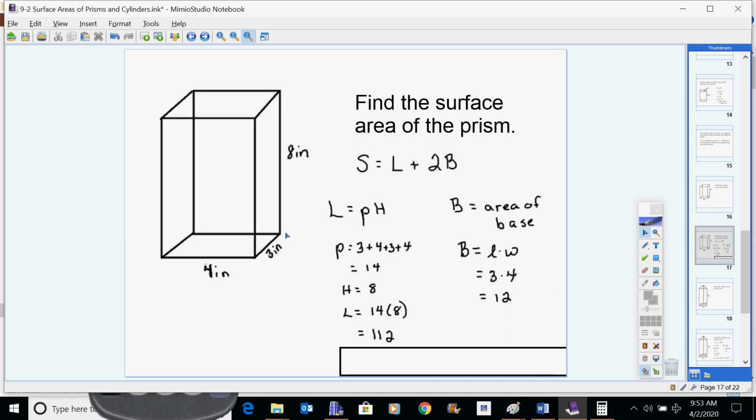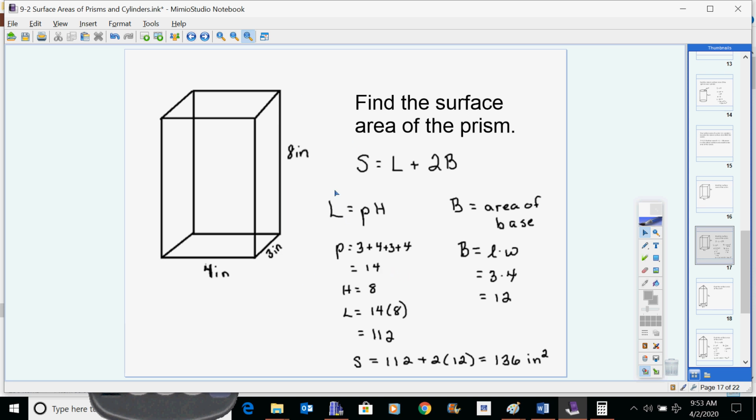So you've got 12 for one, but there are 2 of them. So our surface area for the entire prism is our lateral plus 2 times that 12. And when you do that math out, you get 136 inches squared for the entire surface area of the prism.